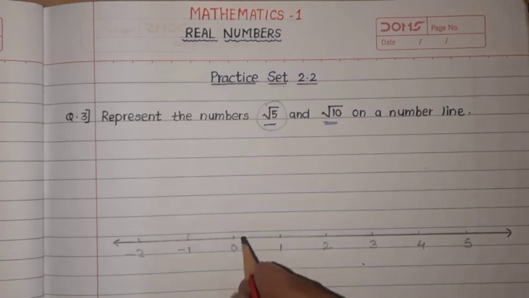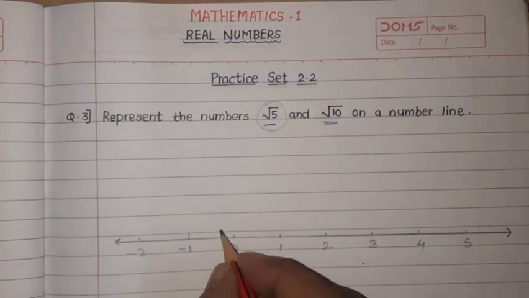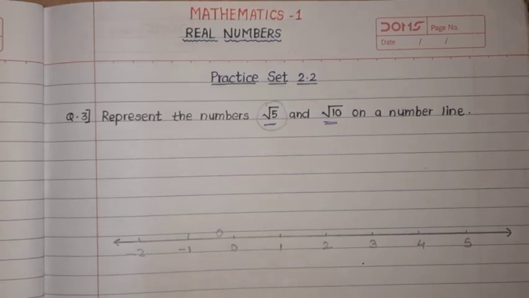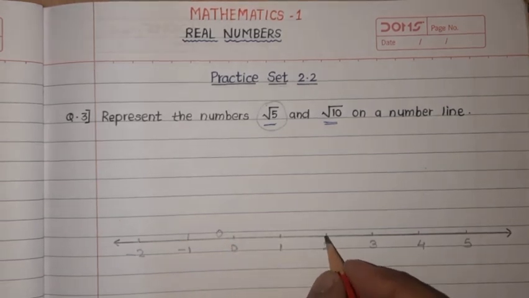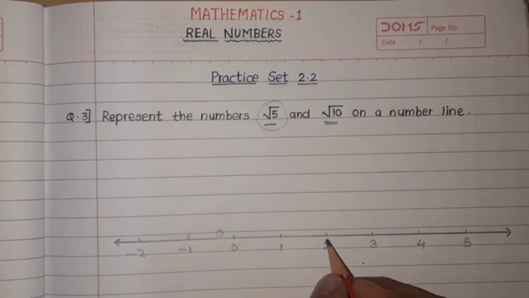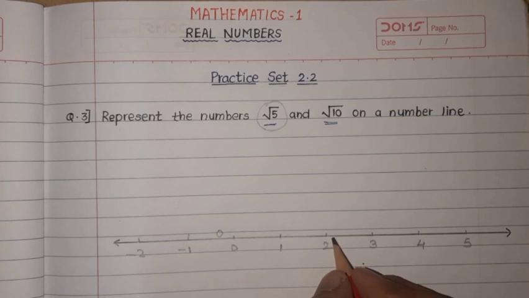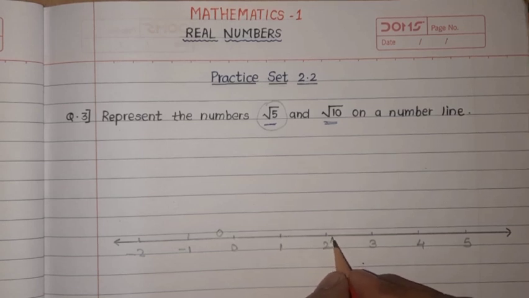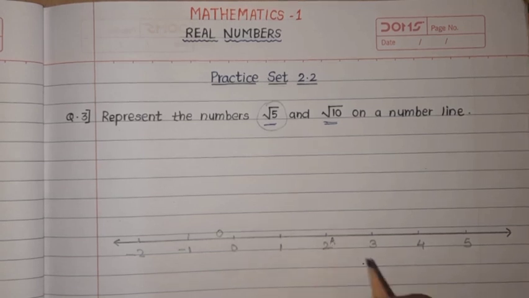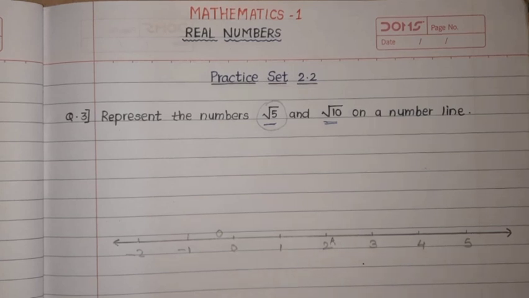Suppose this is the origin, we denote it as 0, that is O. Then root 5 lies between 2 and 3, therefore we take this 2 as our point A.